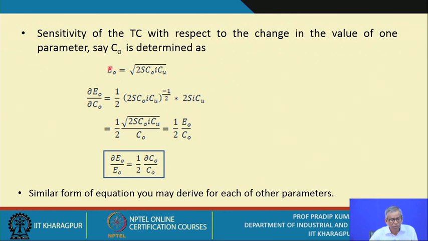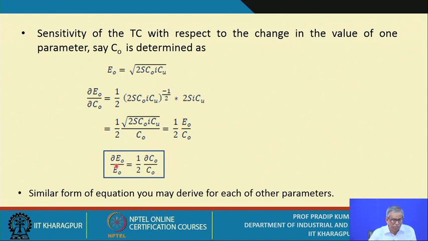So this is the expression for EO, root over 2 S CO ICU. To verify its sensitivity with respect to CO, you take the partial derivative of EO with respect to CO. This is the expression you get, and so the partial derivative of EO with respect to CO is equal to half into EO by CO.